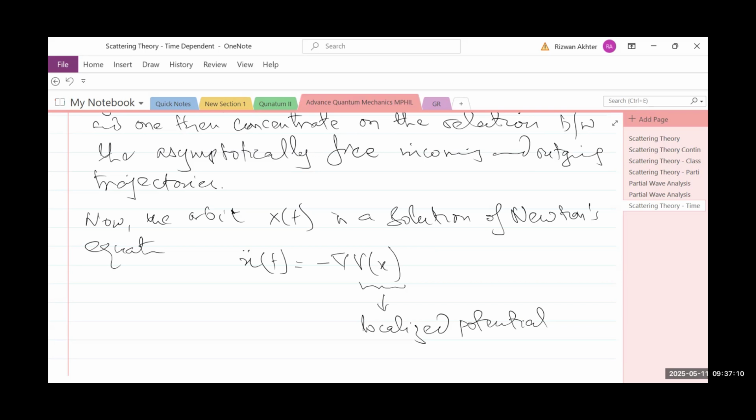So this is basically a generic scattering experiment. That is, the particle at infinity, far from the scattering center, at time t equals minus infinity, is on a trajectory x of t which is in asymptote a free trajectory, tending to be free infinitely far away from the scattering potential.